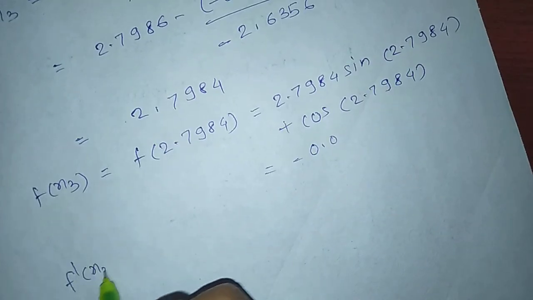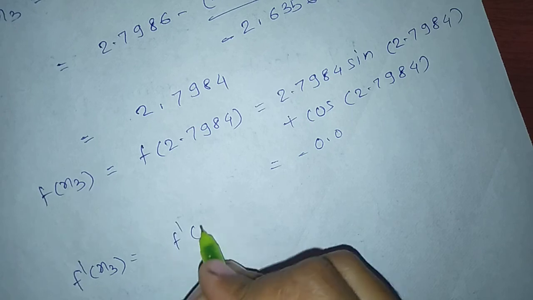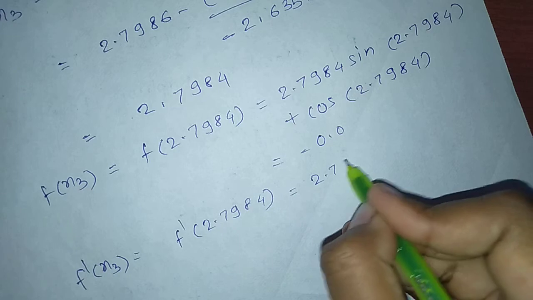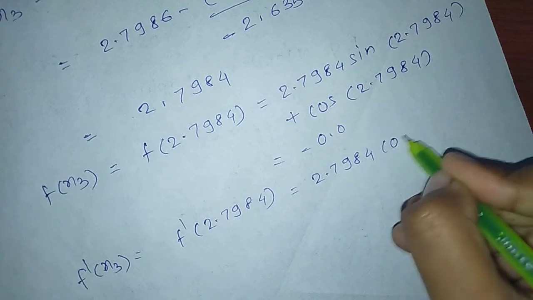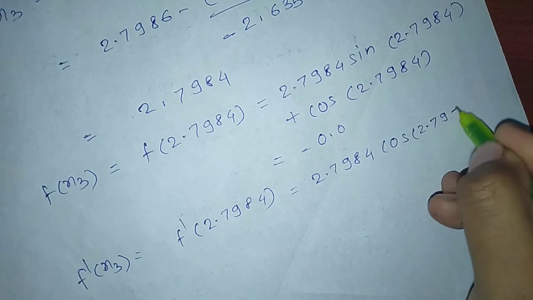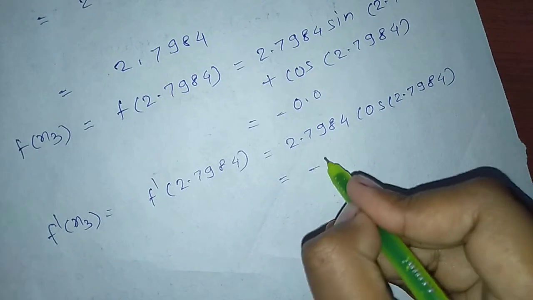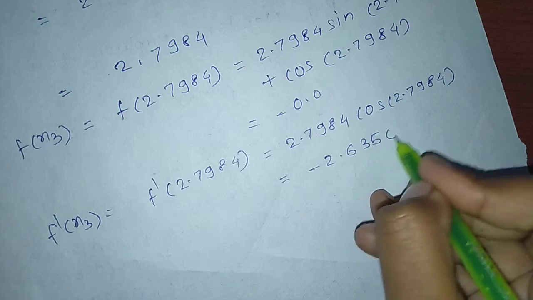f dash of x3 equal to f dash of 2.7984, equal to 2.7984 cos of 2.7984, equal to minus 2.6350.